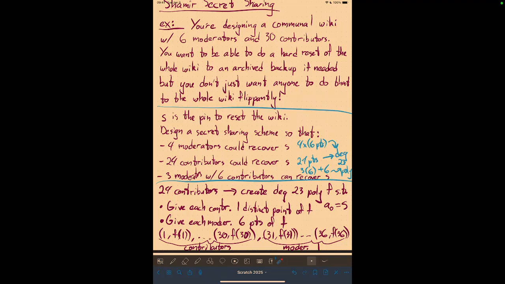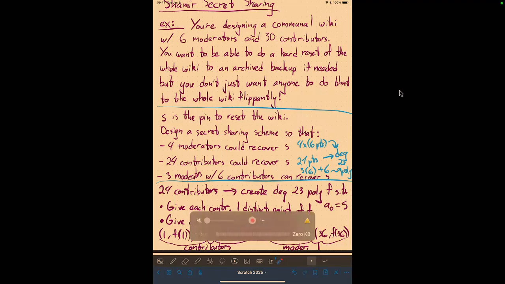Sorry, can you say that one more time? Because we just had to add those 24 points, can we just have 2 moderators and 12 contributors, or 1 moderator and 8 contributors? Oh, yes. So this is true. You can set up the math differently so that you end up having different ratios of people that can unlock. The real thing is if you get 24 points together, you can unlock it always.